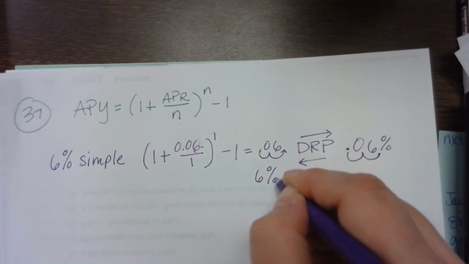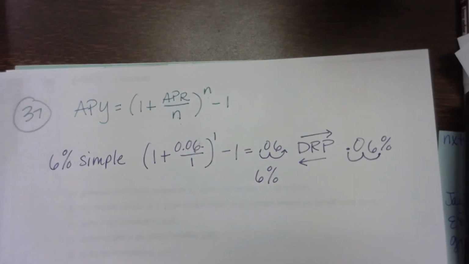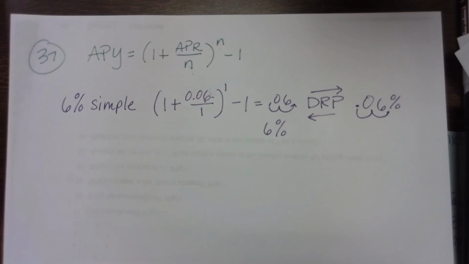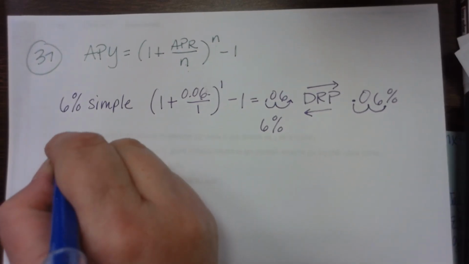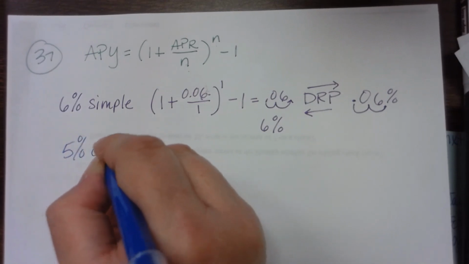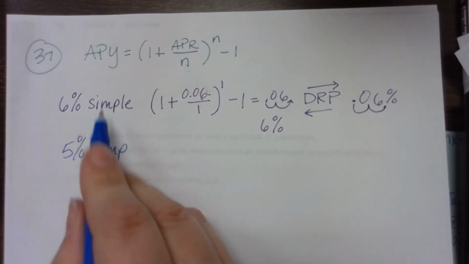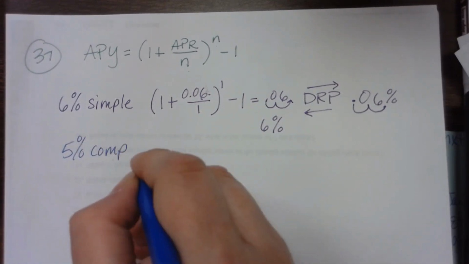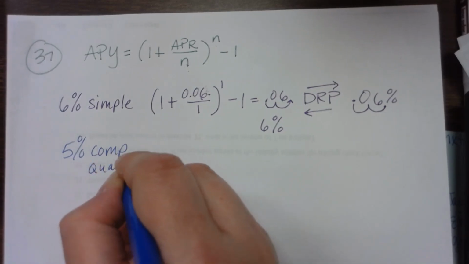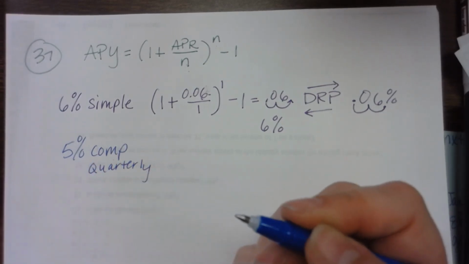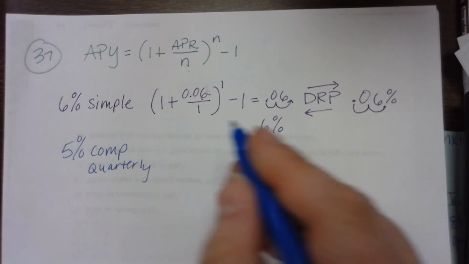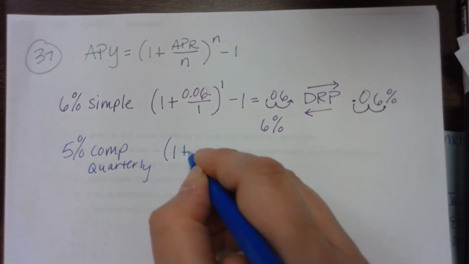Okay, now we're going to compare that problem with a 5% compound. You don't have to write these, by the way. And it's going to be compounded quarterly. All right, so we'll plug this in at 1 plus, again, 5%.